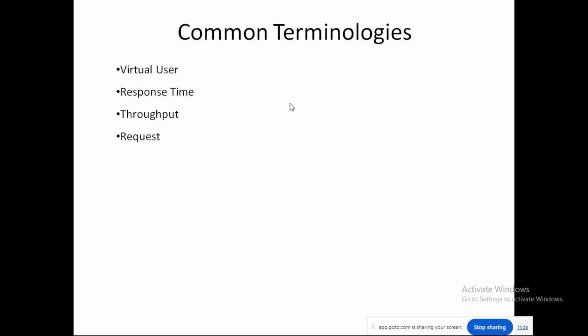Request. What is a request? Whenever the user does any user action on the mobile application, now what is a user action, guys? Whenever you are hitting any URL or doing any navigation, and that particular user action results in a request going to the server, right?